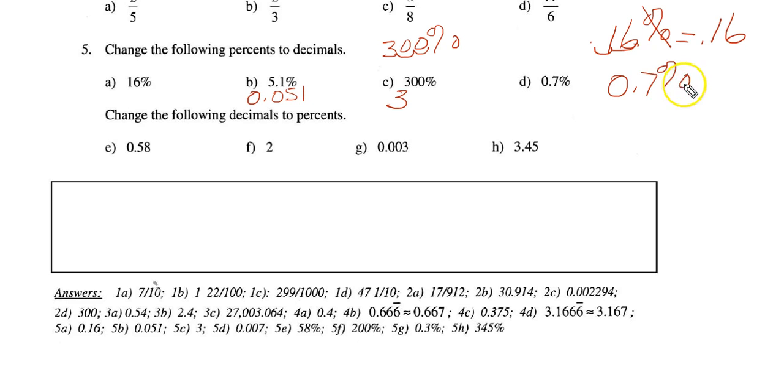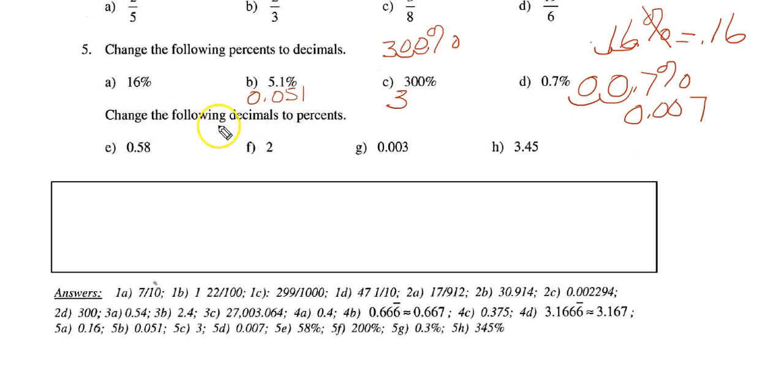Again, the percent sign stands for 2 decimal places. So I have to move it over 2 decimal places. So this becomes 0.007. Remember, this is 7/10 of 1%. Okay.